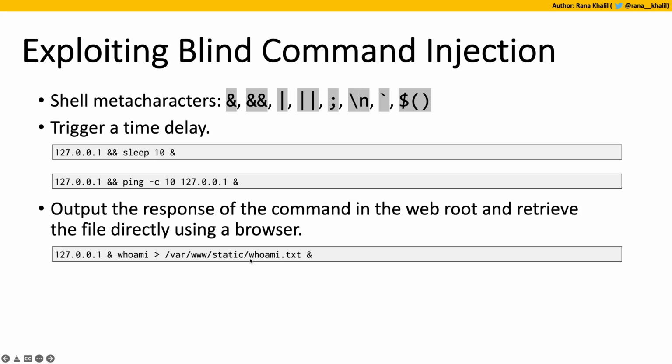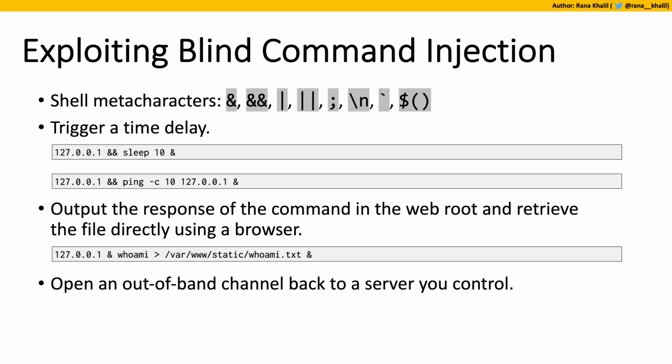Now, if you browse to this directory from the browser and you see that there's a file called whoami.txt, then the command injection was successful and the content of the whoami.txt file will be the output from the whoami command, which is the user context that the user is running with. Now, this just uses the whoami command. We can use any other command to exfiltrate data from the system.